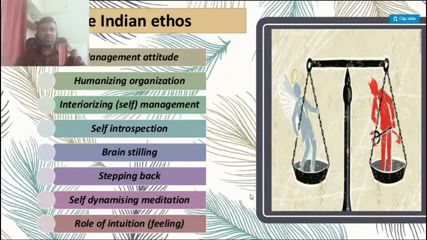Is it my mistake? Is it somebody else's mistake? Or what can we do to control the problems, or to have control of the situation? So this is self introspection. And that is why we go for meditation, because once we go for meditation, we spend time with ourselves, and in that time we realize what is happening in our life.